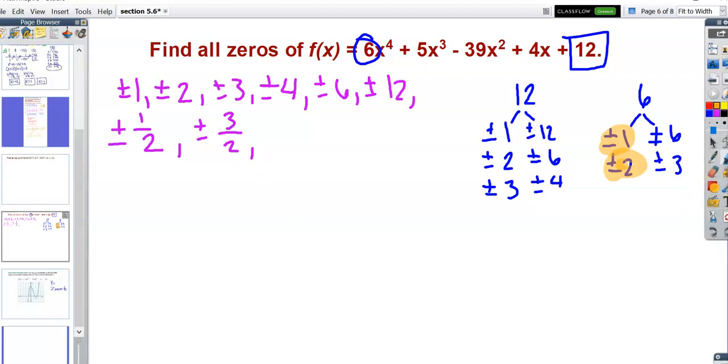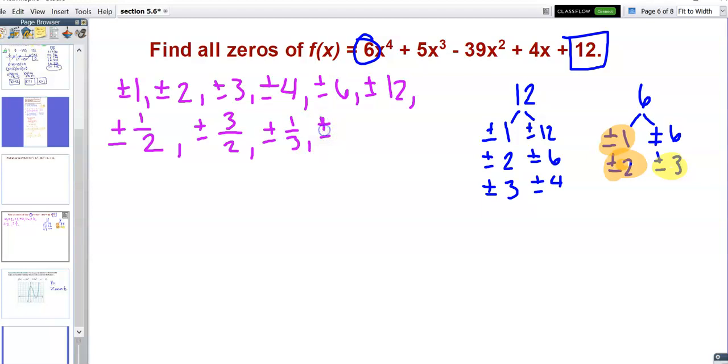So let's write everything over the number 3 this time. Positive or negative 1/3. Positive or negative 2/3. We already have 3 over 3 because that's 1. 4/3. 6 over 3 is the same as 2. 12 over 3 is the same as 4.